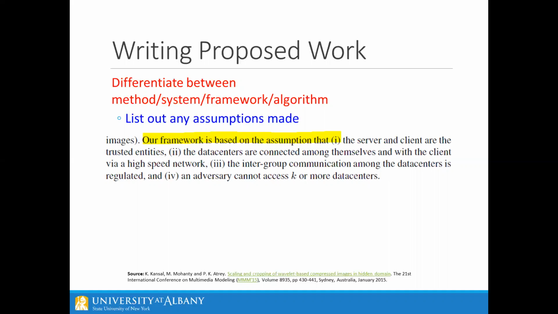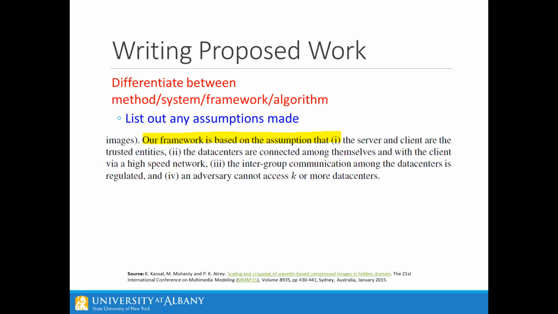It is always good to cross-reference those assumptions. Let's say you made an assumption in the proposed work, and now you are going to refer to that in experiments: because of this assumption, we relax this kind of situation or condition.